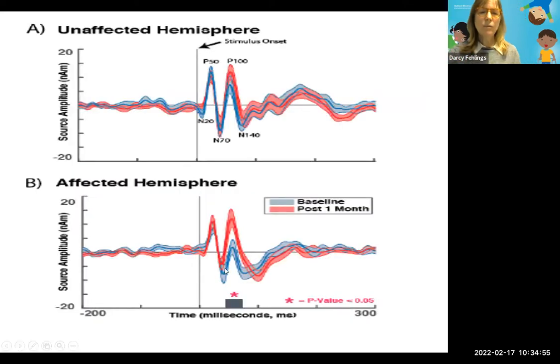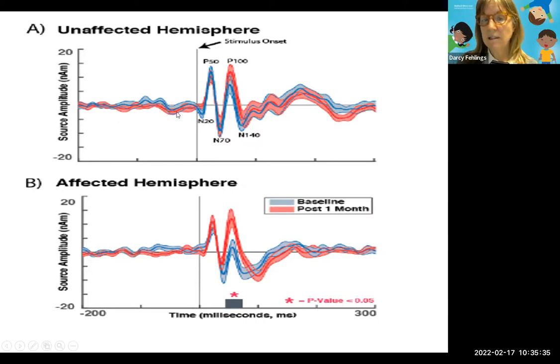So what we found in children after constraint, I'll just orient you. Here we have the detailed somatosensory evoked potential that we're able to produce following MEG evaluation. This is in the unaffected hemisphere. The blue represents baseline, the red represents post-constraint therapy. We can see a very typical somatosensory evoked potential with a typical wave pattern in the unaffected hemisphere.